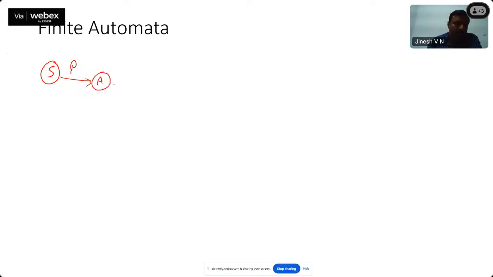In the active mode, based on the selection, your machine will change into different modes. For example, if you are selecting washing as an option, then you press the wash button. Or suppose you select the dryer option, it will change to another situation. Based on that, the state will change.